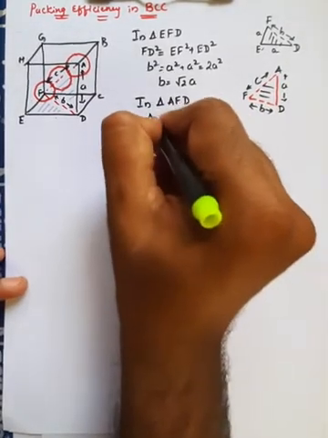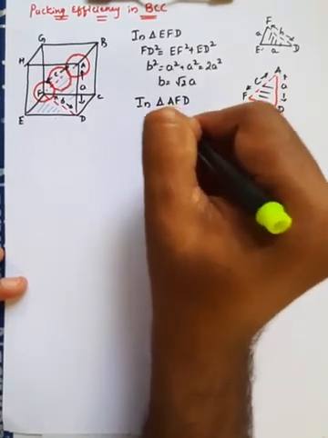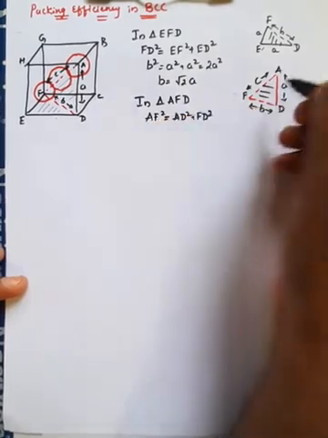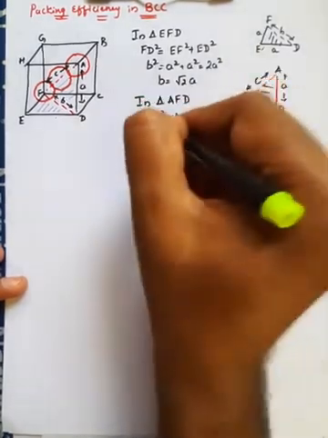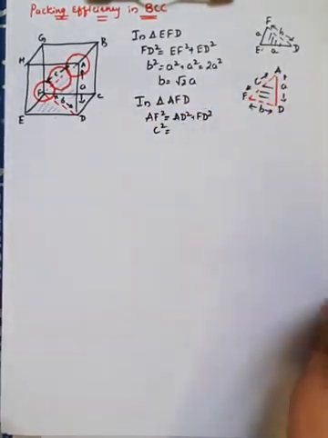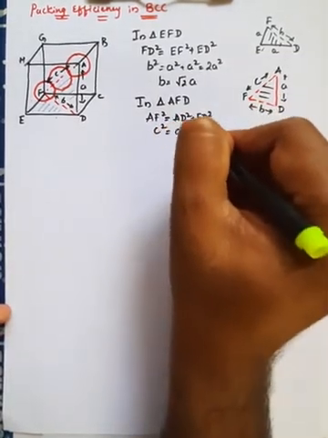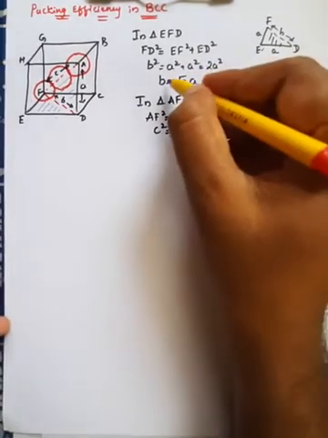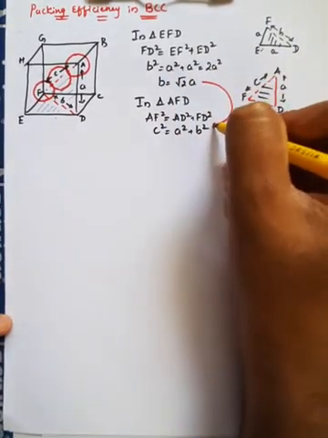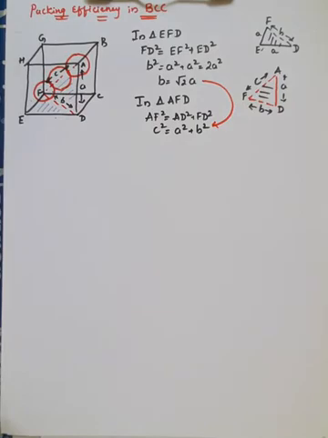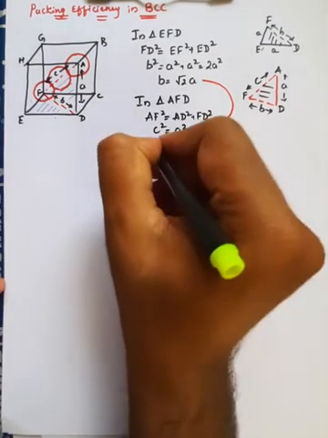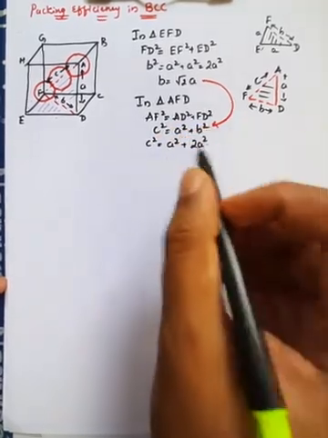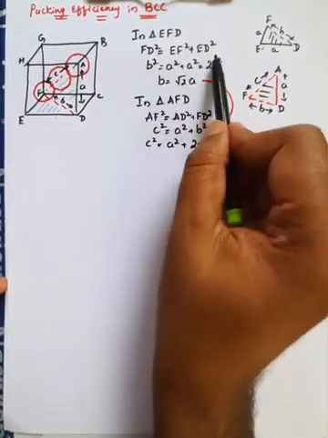Therefore, according to Pythagoras theorem, AF square is equal to AD square plus FD square. AF value is C, so I can take it as C square. So C square is equal to A square plus B square. But already we calculated the value of B, so I will take this B value and substitute here. Therefore, C square is equal to A square plus 2A square, because already we have derived B square value is 2A square.